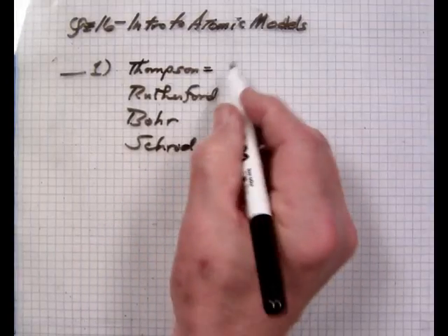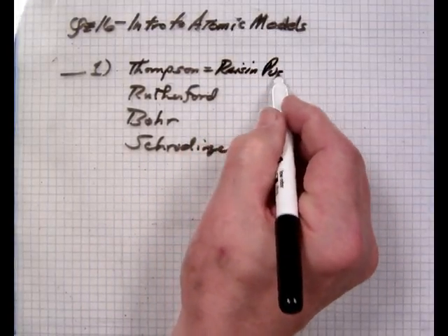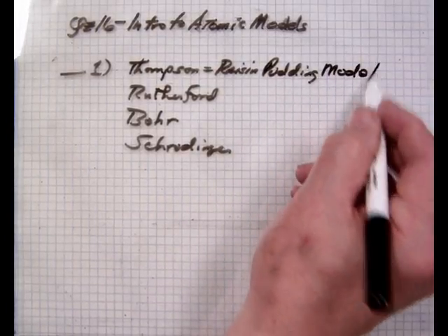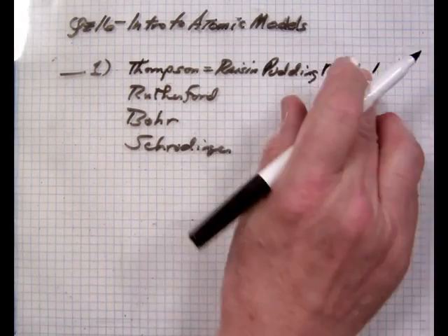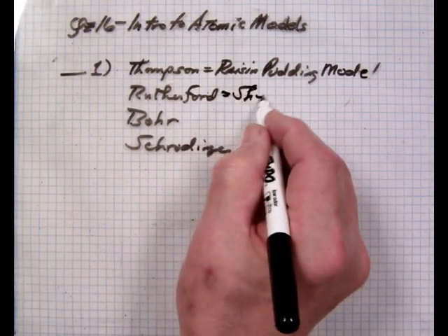The Thomson is called the raisin pudding model. Rutherford's the shell model.